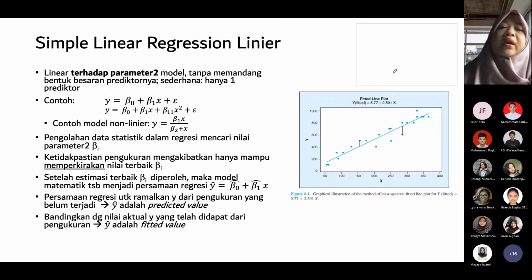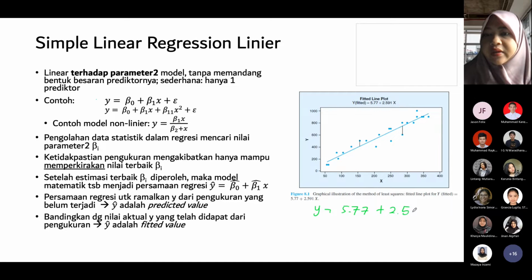Okay, so this is y fitted, so y equals 5.77 plus 2.591x. This is called beta 0. Sorry, beta 0.